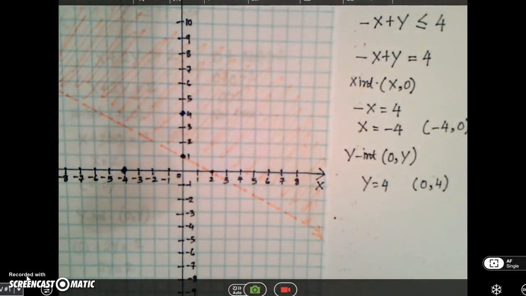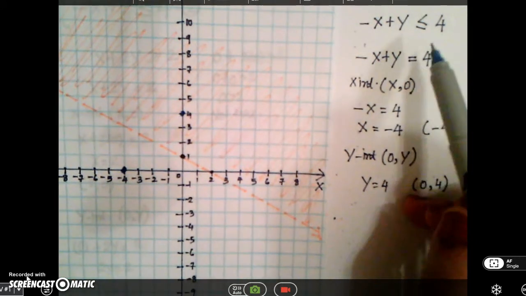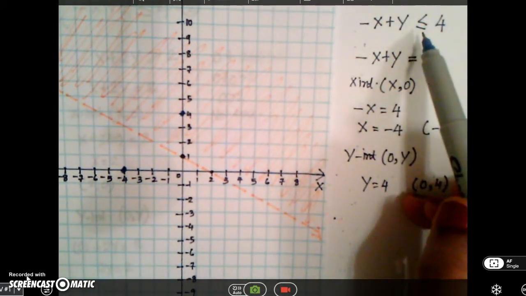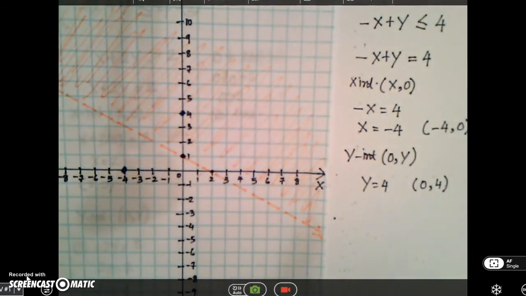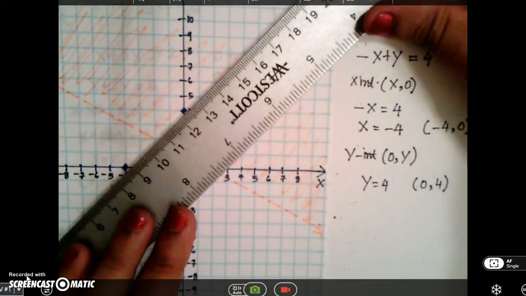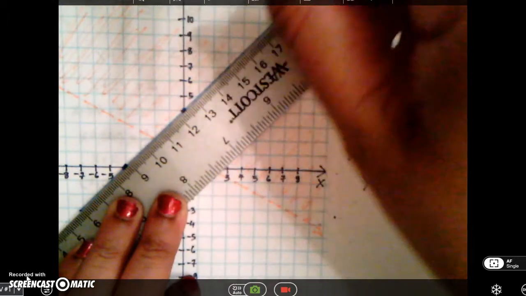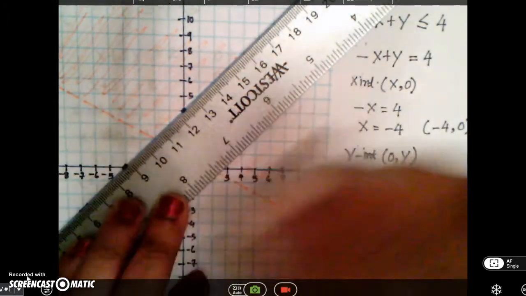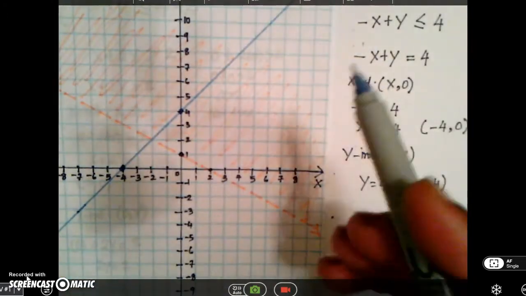Now when I draw my line, I'm going to make sure what kind of line I'm going to have, whether it is solid or dotted. Here I have a less than or equal to symbol, so that means I'm going to have a solid line.